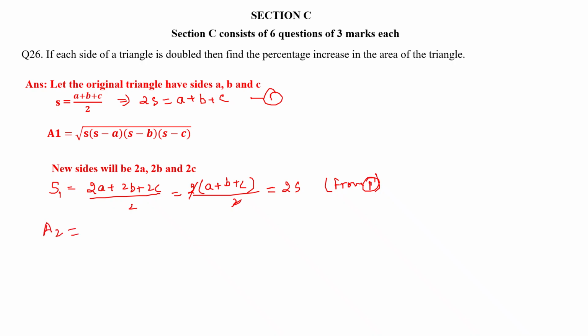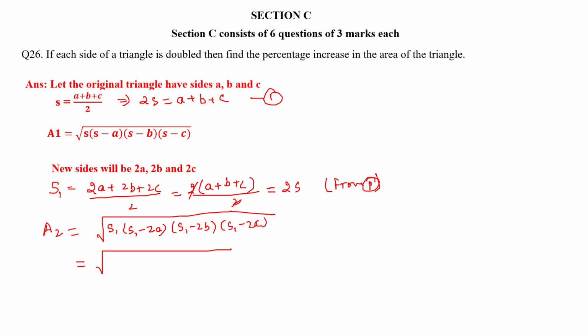So A2 will be equal to root of S1 into (S1 minus 2A) into (S1 minus 2B) into (S1 minus 2C). Okay. Now my S1 is 2S. So 2S minus 2A, 2S minus 2B and 2S minus 2C.